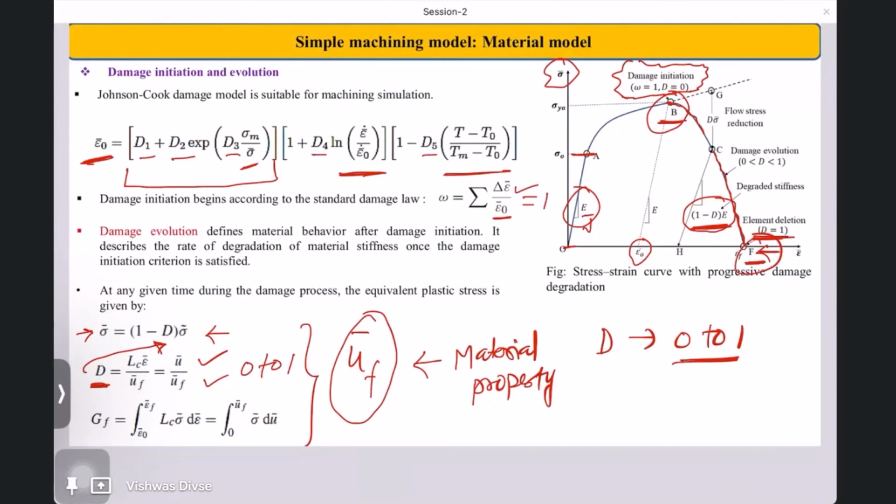In this way, one more way, one can go with using fracture energy also. So in Abaqus, you can either define displacement at failure or you can define fracture energy. From fracture energy also one can calculate, internally the software will calculate displacement at fracture, and then it will further calculate the damage evolution or D, like that.